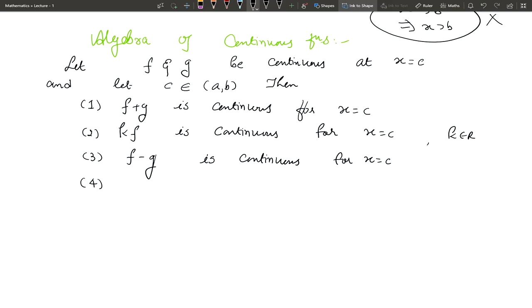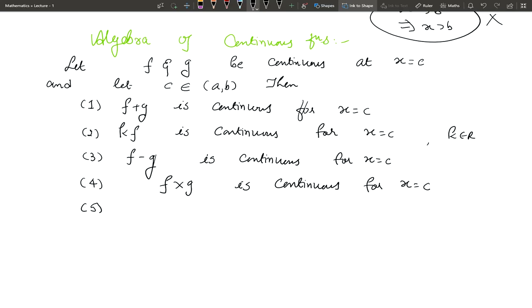Fourth, f into g is also continuous for x equal to c. Please remember all these results. If f and g are continuous at x equal to c, then f plus g, k into f, f minus g, f into g, all are continuous at x equal to c.